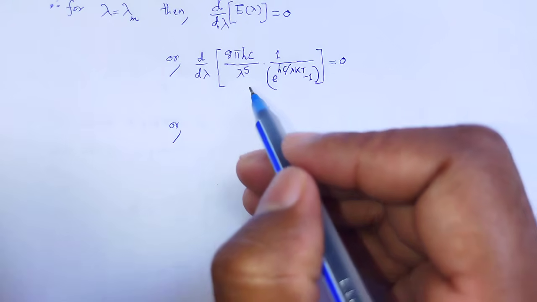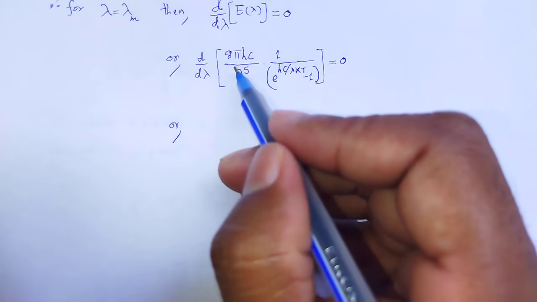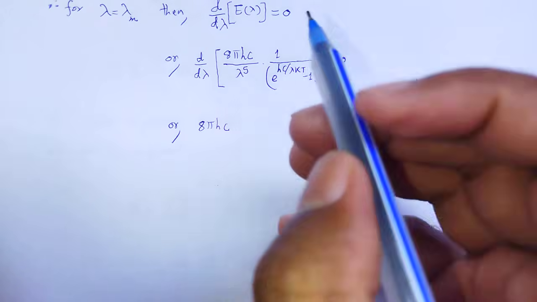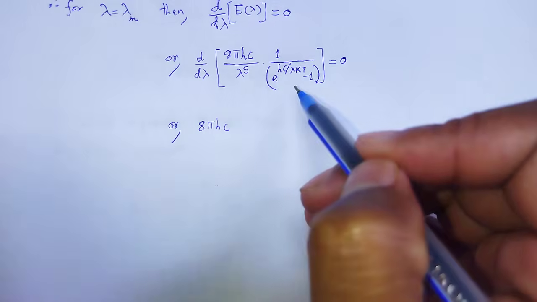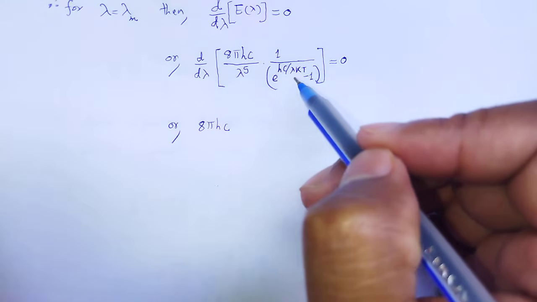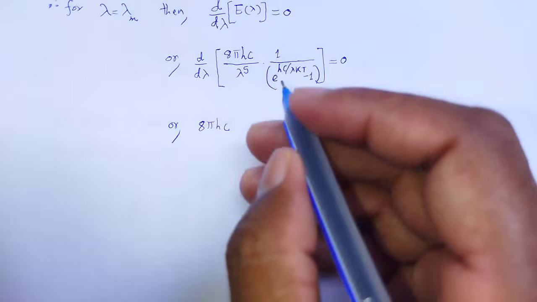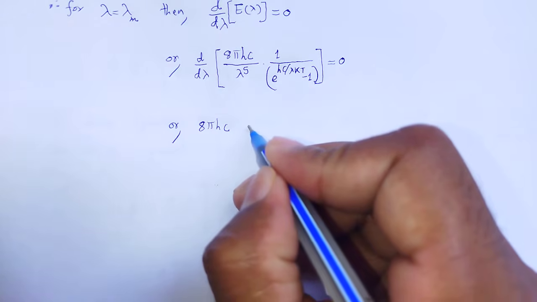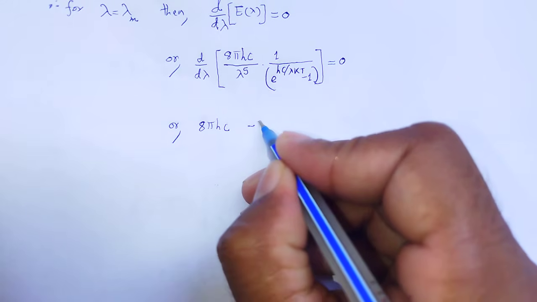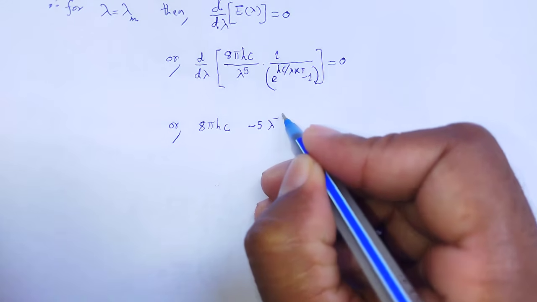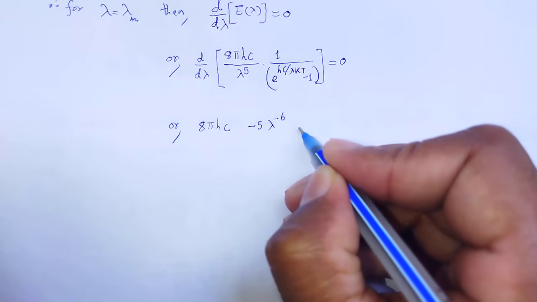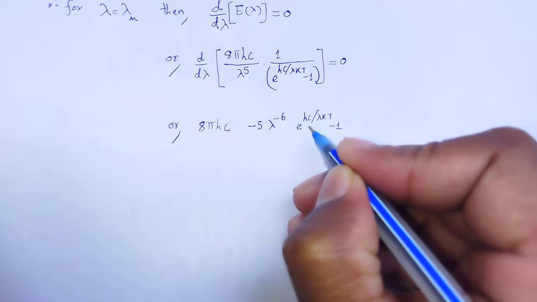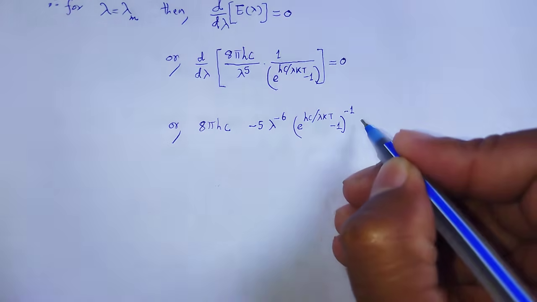As we differentiate with respect to lambda, 8 pi SC is a constant. Then we treat one as the first term and the other as the second term: differentiation of the first term with the second term as constant, and then differentiation of the second term with the first term as constant. First, taking this one with the other as constant, its differentiation is minus 5 lambda to the power minus 6, with e to the power SC divided by lambda kt minus 1, to the power minus 1.